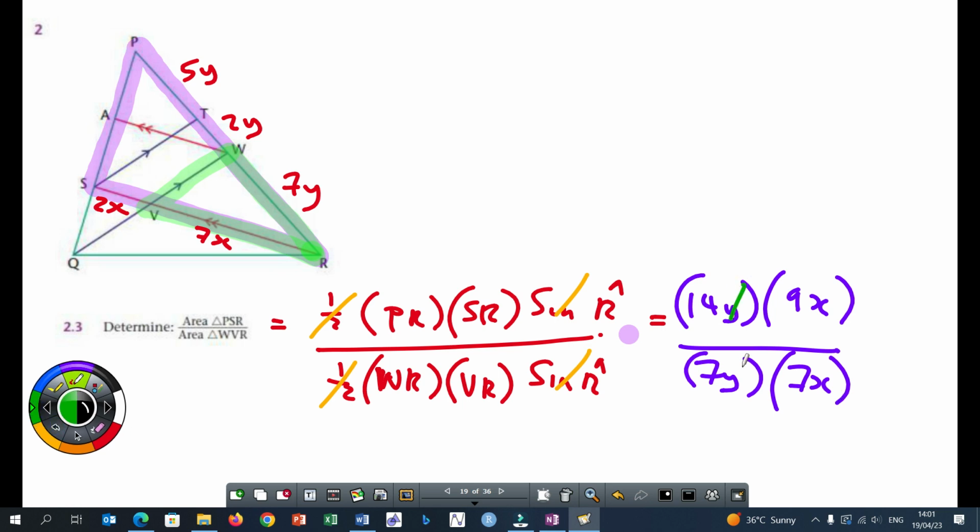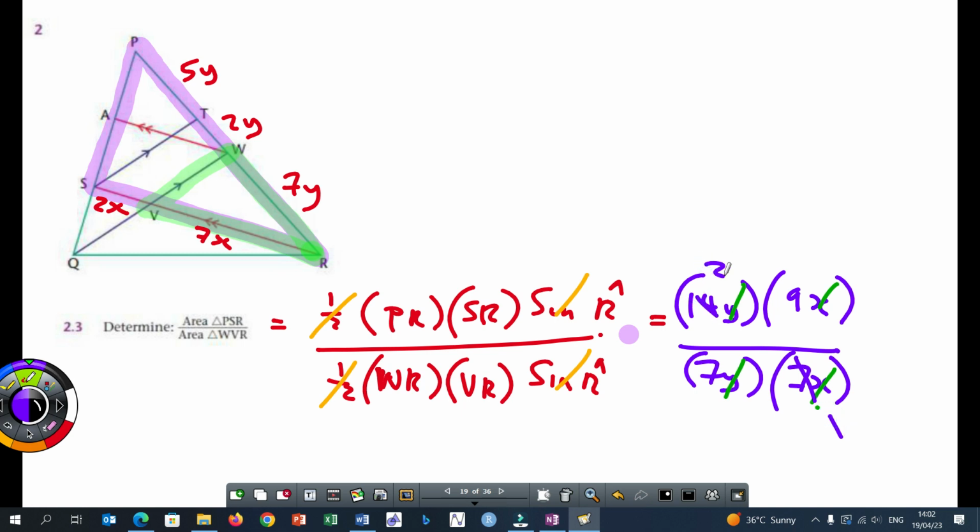Okay, no stress, no pressure. You come out of the exam smiling. This is 7 into 1, that's 1, and that's 2 times that. You get 18 divided by 7. So that's the ratio of the two areas. No pressure, isn't it? No stress. If you understand that, you won't have any problem. All these questions will be a piece of cake.